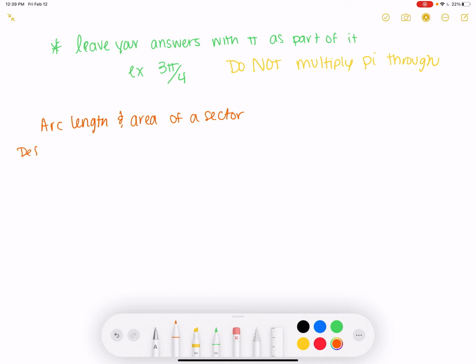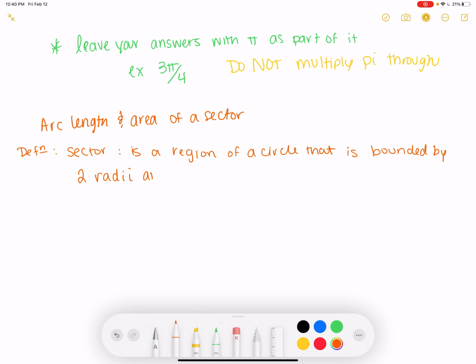So the definition for this: a sector is a region of a circle that is bounded by 2 radii and an arc of the circle.